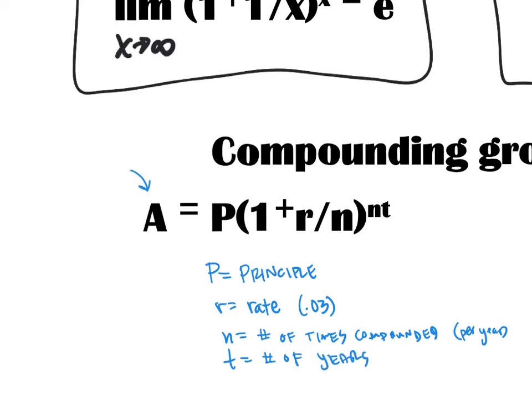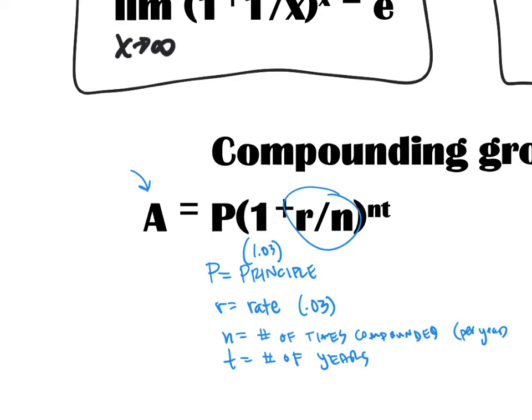So A is the amount that we are left with. If it's growth, then this value r over n would be positive. Because if it's growing, let's say 3%, this would be 1.03. Well, actually, it depends on what n is, but if n was 1, every year, then we'd get a 3% interest of growth per year.